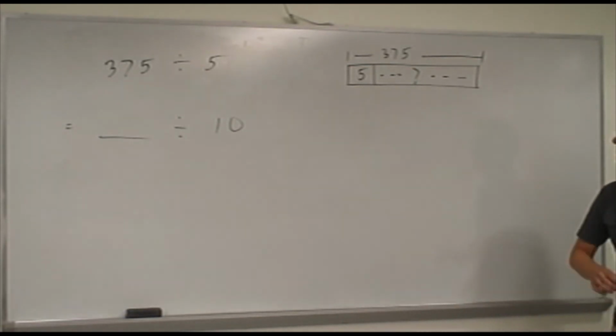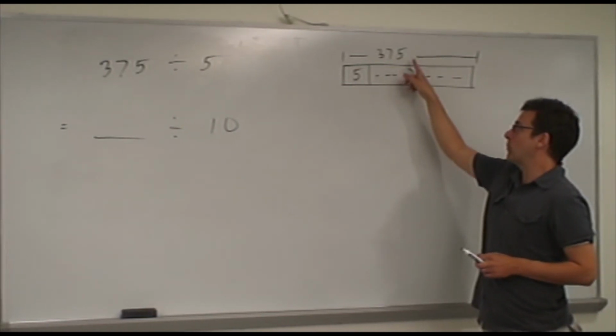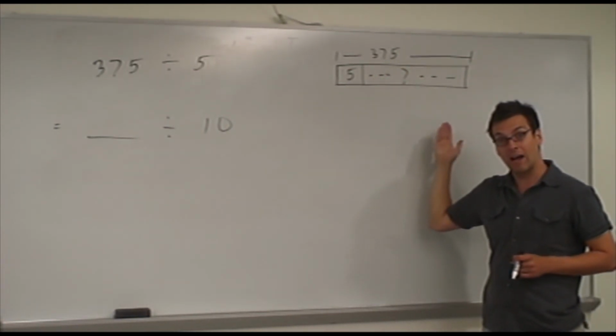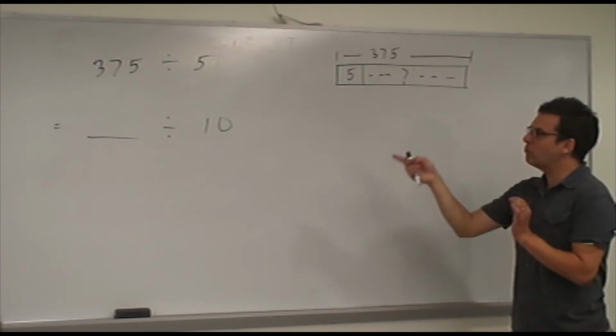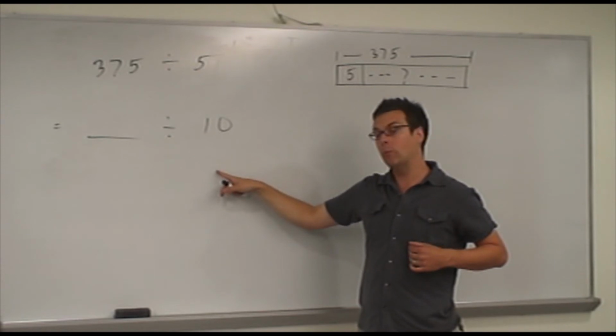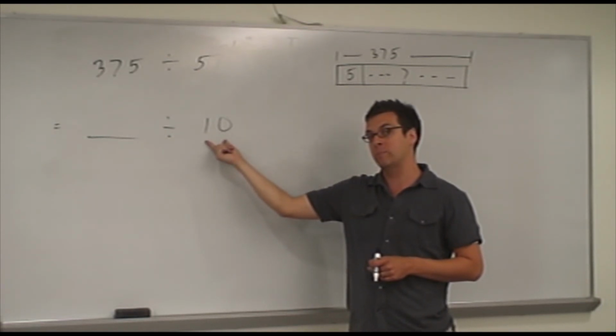recall our discussion of measurement division. The question that's being asked in this case is: 375 is how many 5s, or how many 5s make 375? So what have we done in going from our original problem to our new problem? What we've done is we've doubled the divisor, right? We've made the divisor twice as big.